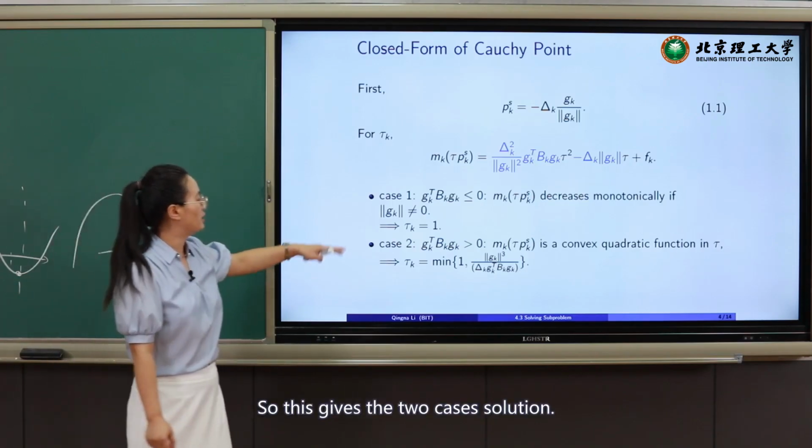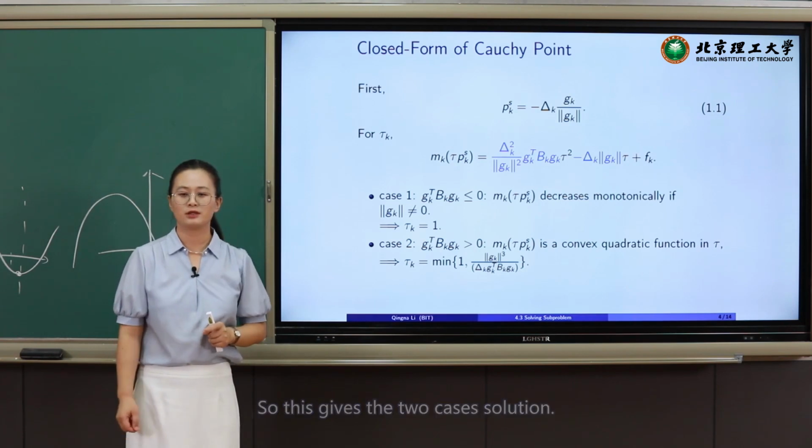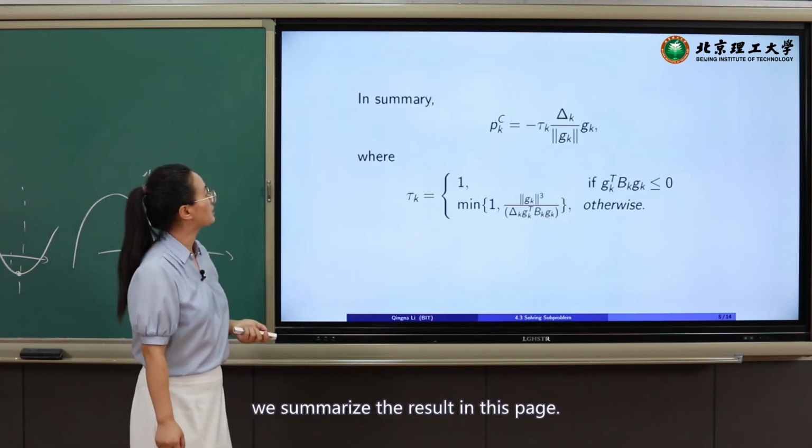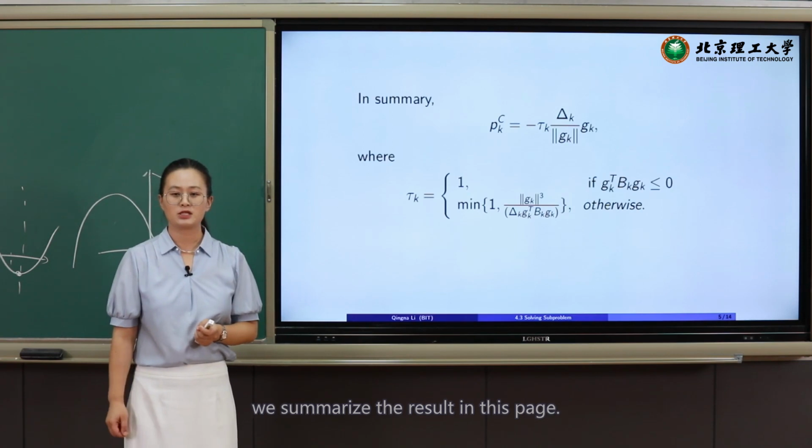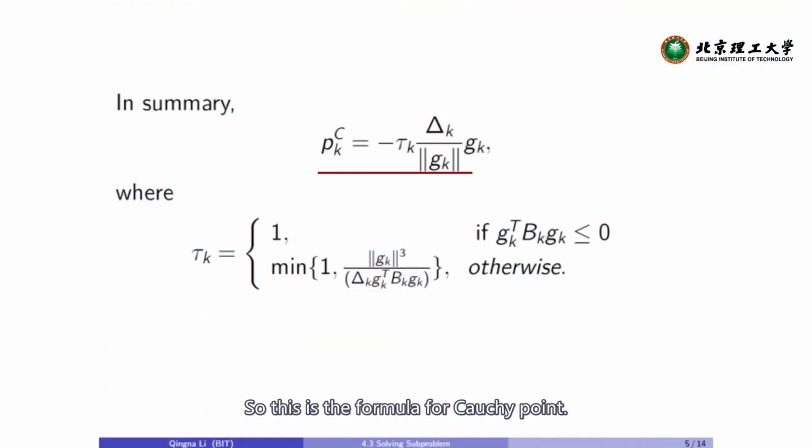So this gives the two-case solution. Finally, we summarize the result on this page. This is the formula for the Cauchy point. In other words, the Cauchy point has an explicit form.